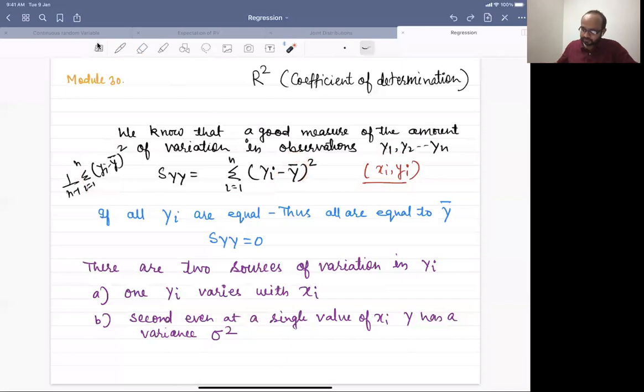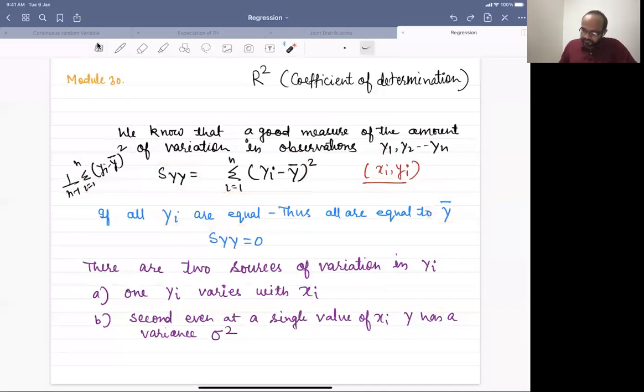Just to give an idea, it makes sense. For example, if in your data all yi's were equal, from y1 to y10, this value would be 0, because then y bar will also be equal. So it's a good measure of the variation in the response variable.